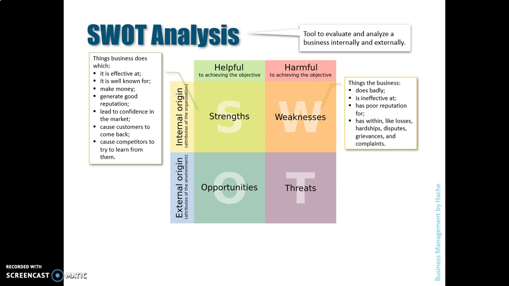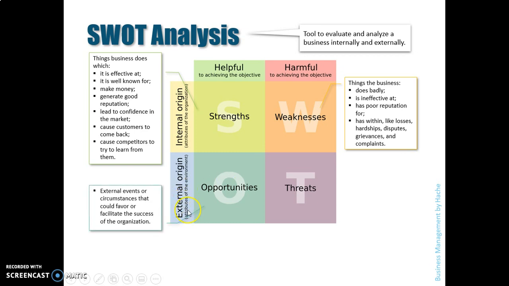Also, specific aspects that happen within the business, like losses or hardships happening inside, or disputes between workers and bosses, grievances and complaints, things that are happening inside that would be affecting the proper or effective operation and development of your business activities. So everything that happens inside that is wrong goes as your weaknesses as a business. Okay, strengths and weaknesses.